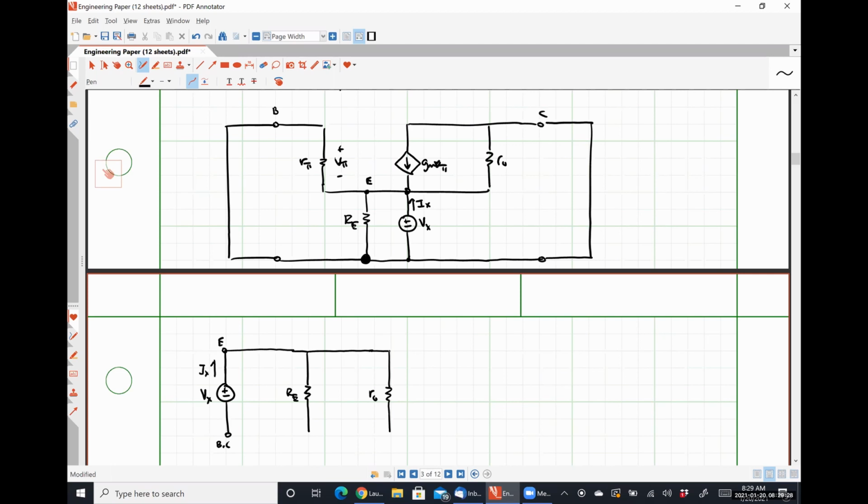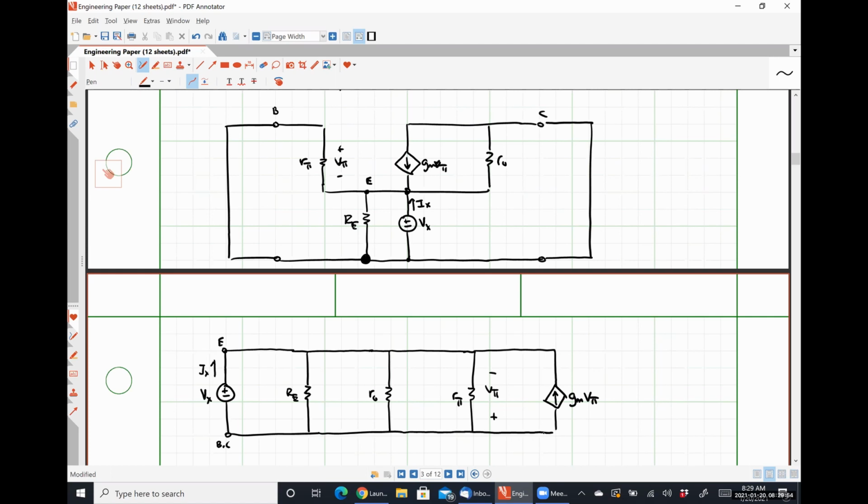R not. R pi, where this is the polarity of V pi. And finally, my current source. So let's just make sure we've redrawn things correctly.